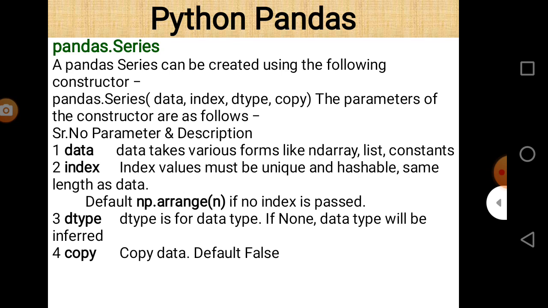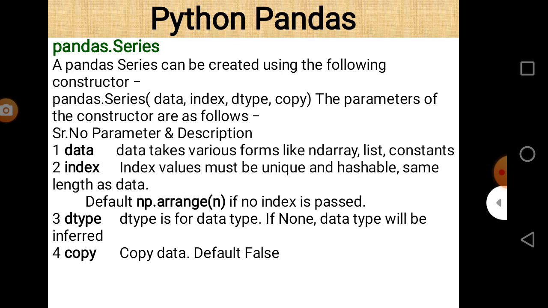The syntax is pandas, write pandas because pandas is the name of the library, then after a dot, series as the name of the constructor, or we can say the name of the function. In this we can pass four arguments: first data, second index, third data type, that is dtype, and fourth copy.